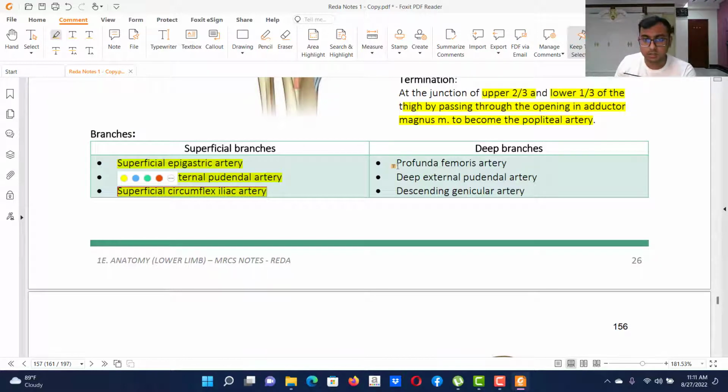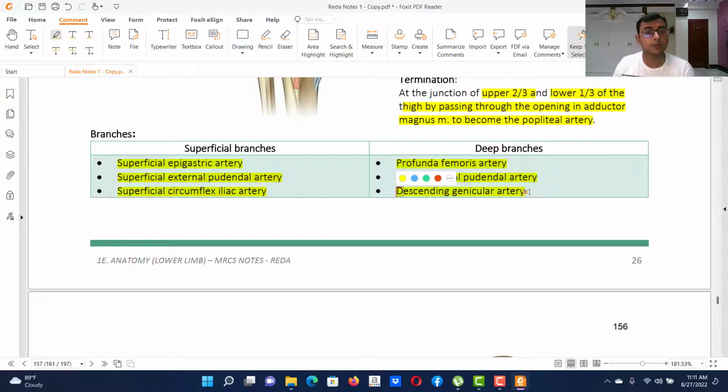And the deep branches are the profunda femoris artery, deep external pudendal, and descending genicular artery. The genicular artery gives the collateral branches of the knee joint.